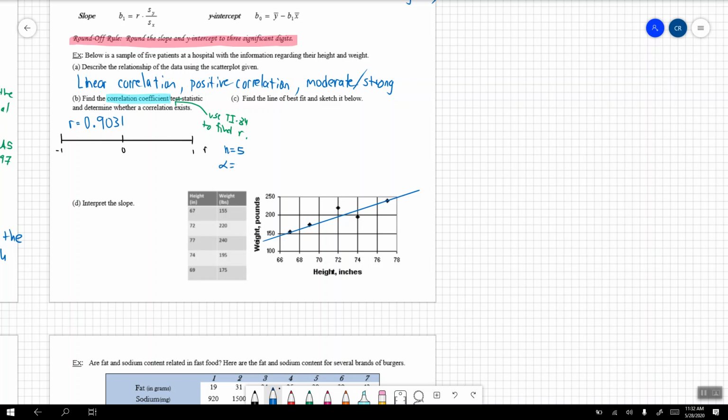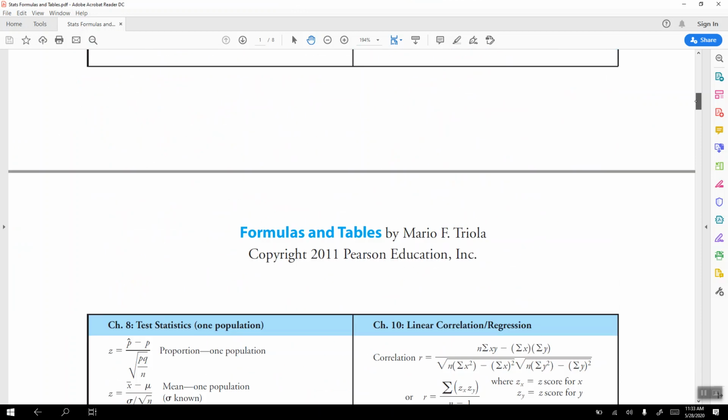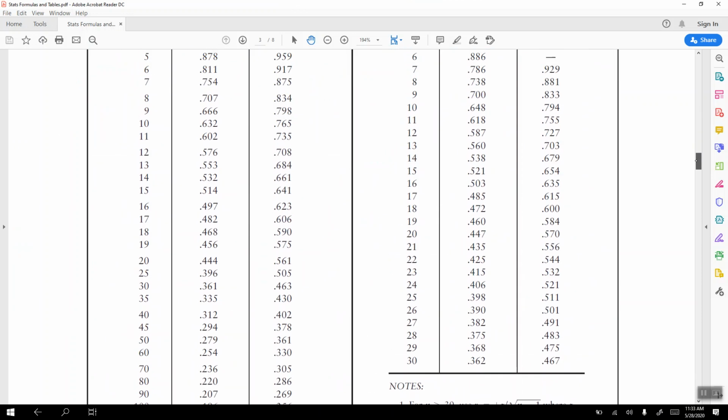We don't have a significance level given to us, so if it's never given to us, what do we use? 0.05. Awesome. So let's take these two things now and let's go over to table A5. All right, so here's this formula card, and again, just go to table A5. Here we are, table A5.